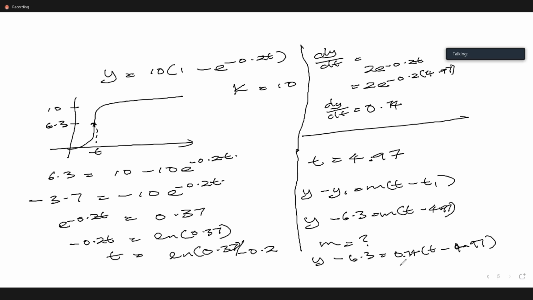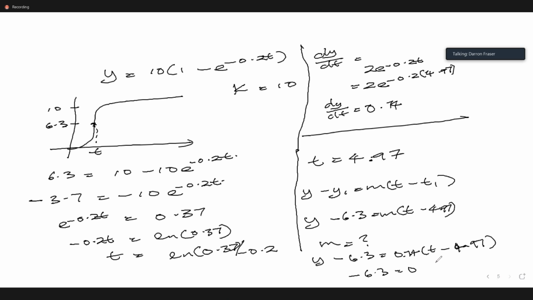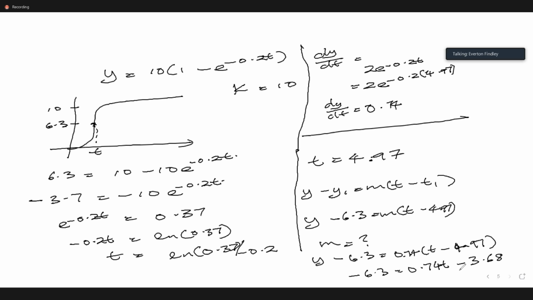So now y is 0. So negative 6.3 equals 0.74 t minus 0.74 times 4.97. So 3.677, so 3.68.